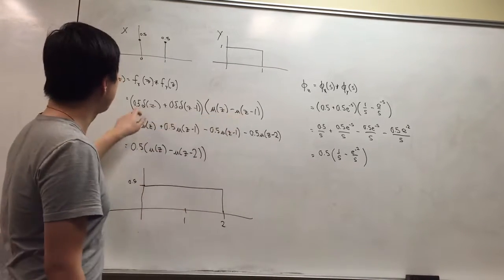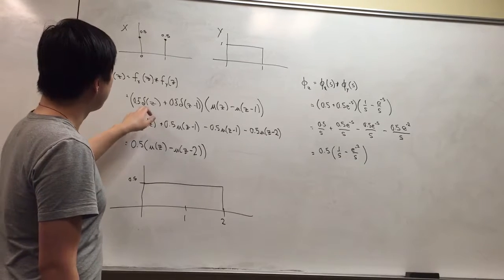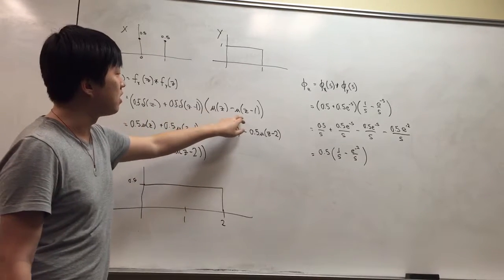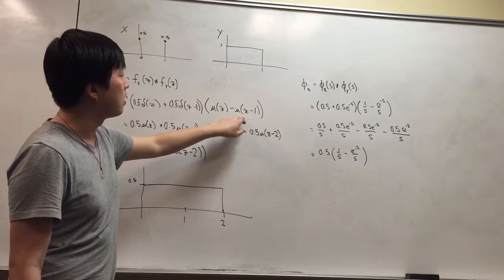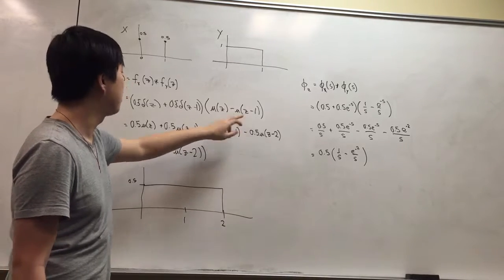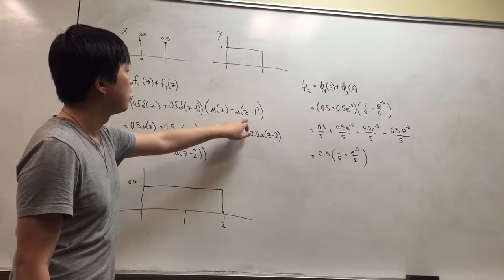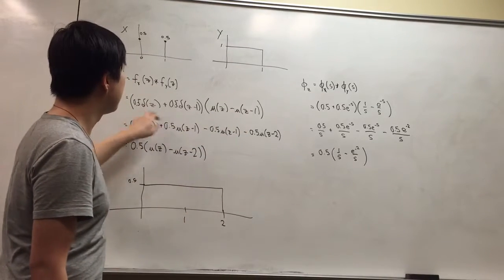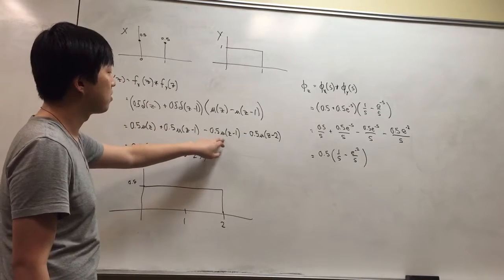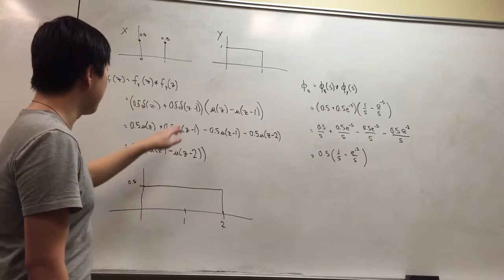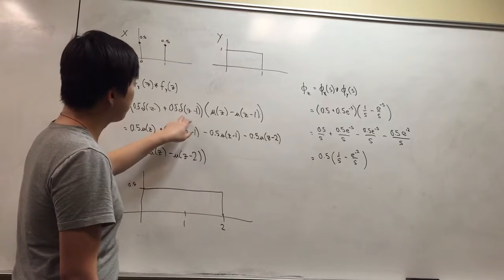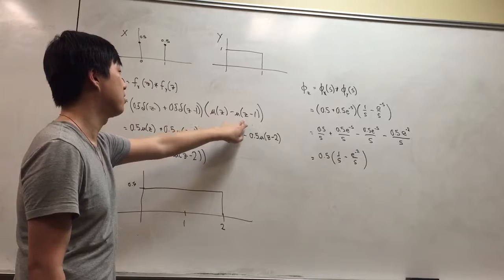Then when you do the outside, it becomes 0.5 impulse times the negative unit step function of z minus 1. Similarly, the shift carries over when you multiply it. So it becomes negative 0.5 step function of z minus 1. And then finally, it's 0.5 of the impulse shifted by 1 times the unit step function shifted by 1.